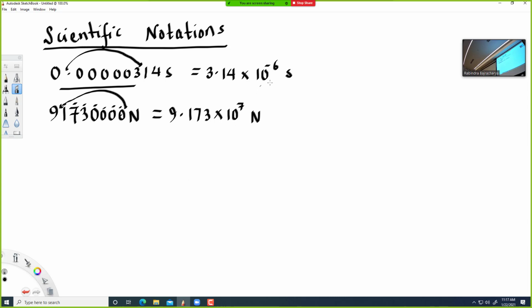Now when you have numbers with powers like this, sometimes instead of writing the powers, you can also give some name.